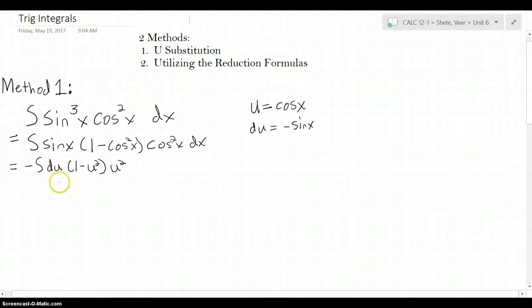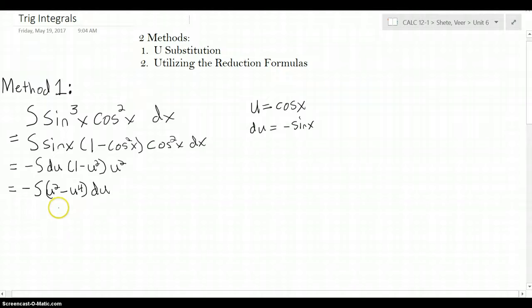So now what I would do is I would take my u squared, and you put your u squared into your bracket. So you'll get the negative integral of u squared minus u to the 4 du. Once again, we're carrying along with our u substitution.